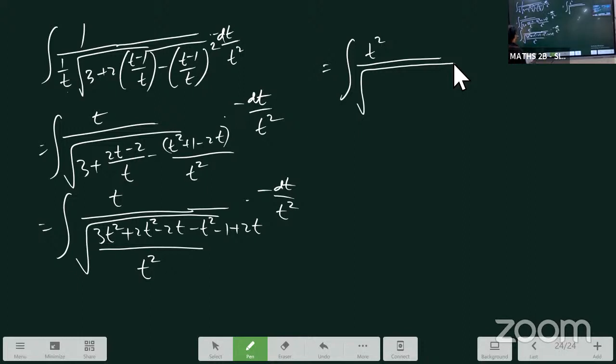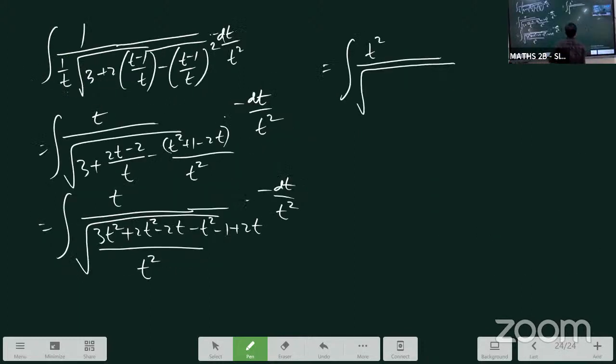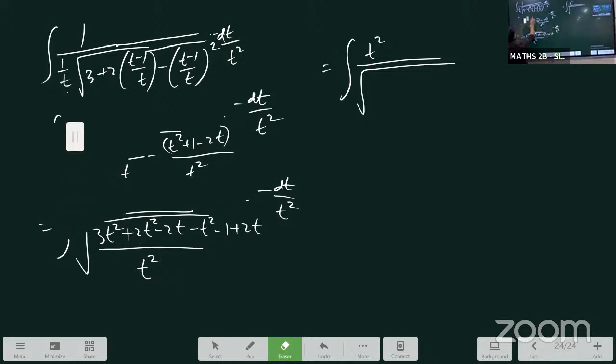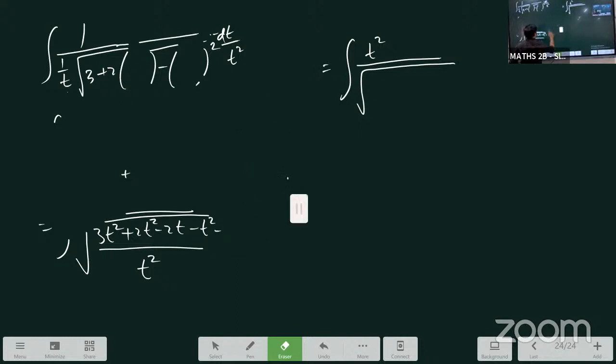One minus t, sorry, it is 1 minus t by t. Yeah, what I have to substitute is 1 minus t by t. Okay, once again. Yeah, I substituted wrong.